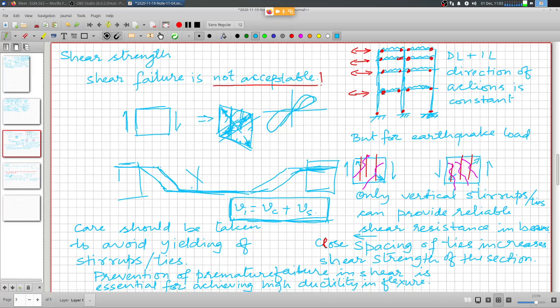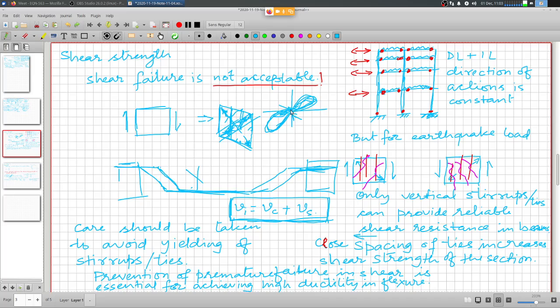Their hysteresis has a pinching, right? So it is not a very stable hysteresis. They are pinched near the origin. You will find that the hysteresis tends to come closer to the origin.